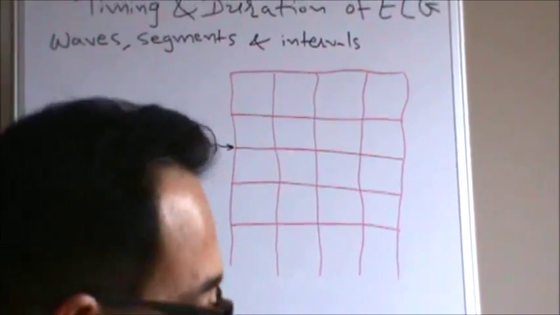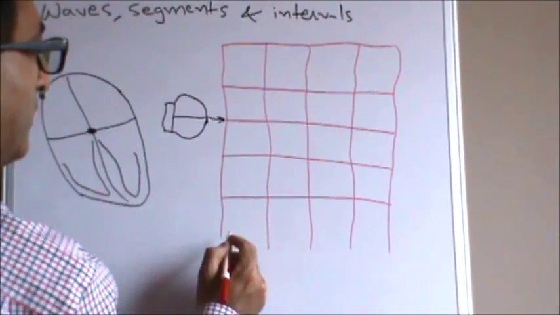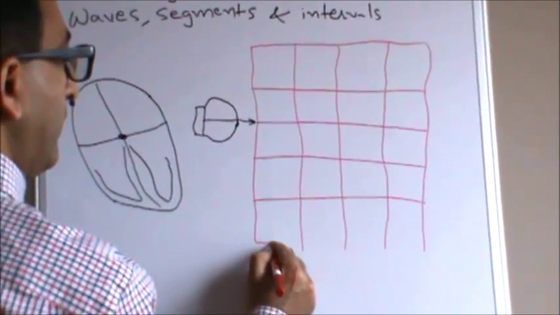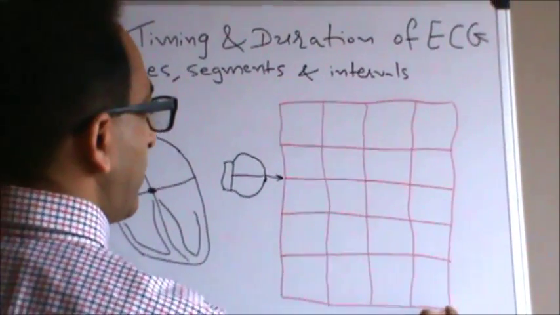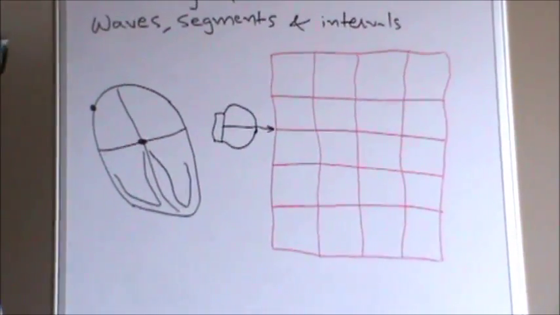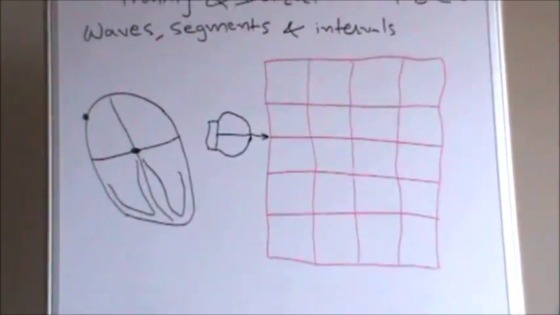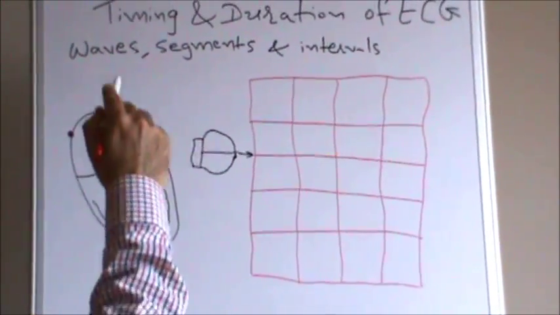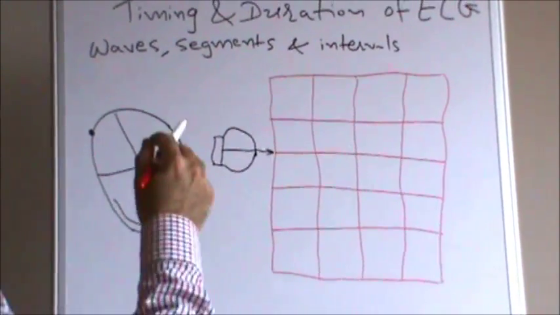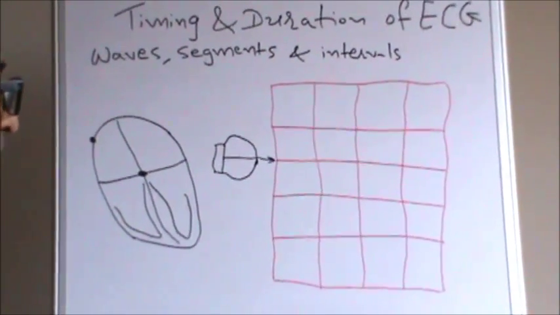I'm just trying to draw as far as possible, but try to focus on the concept. So on the ECG paper, you will see the horizontal and vertical dark lines like this.